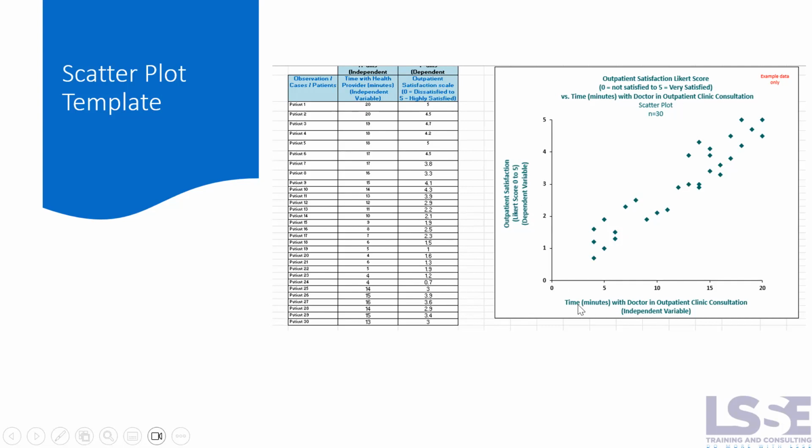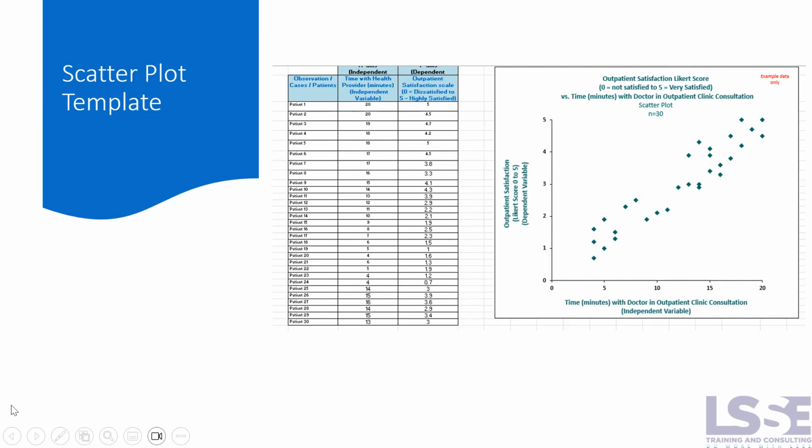The x-axis here is the time with the doctor, so the time with the doctor will impact the satisfaction rating. The satisfaction rating increases when a longer time is spent.